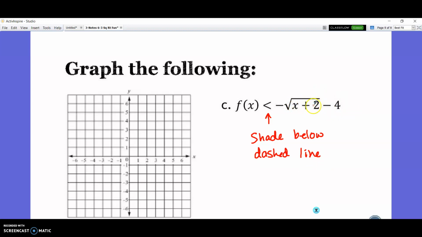So here at -2 and -4. And then a is negative, so it's going to go down. I'm going to go down like this. Dashed line, so I'm going to erase some of this here. And then shaded below.